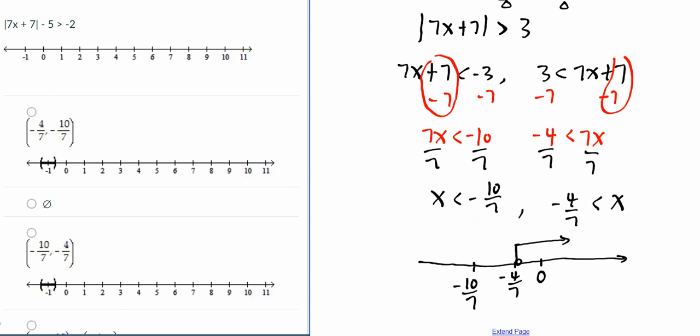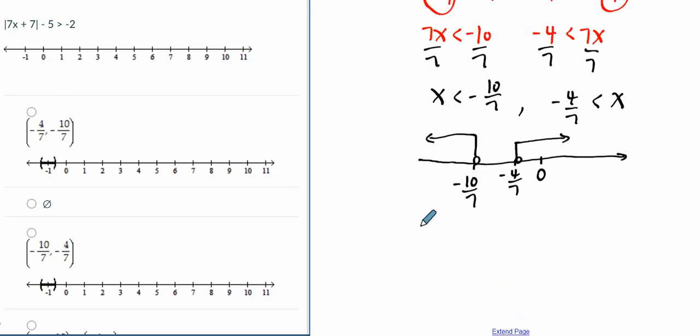And things on the left are less. So that would be like this. So from negative infinity to negative 10 over 7, union, and then here, negative 4 over 7 to positive infinity.